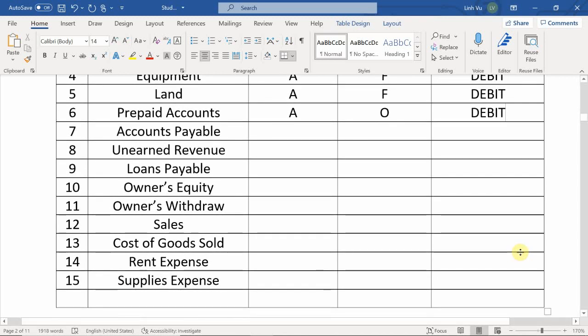What about accounts payable, when you owe other people money? We've seen accounts payable before when you purchase things from vendors and they allow you to pay on credit, where you're not paying them now, but you're telling them I'm going to owe you money. I'll pay you later. I owe you money.